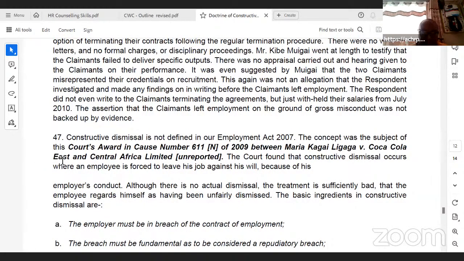At that point, you already see where you will be able to find where we are being told that in the Employment Act 2007, constructive dismissal is not defined.